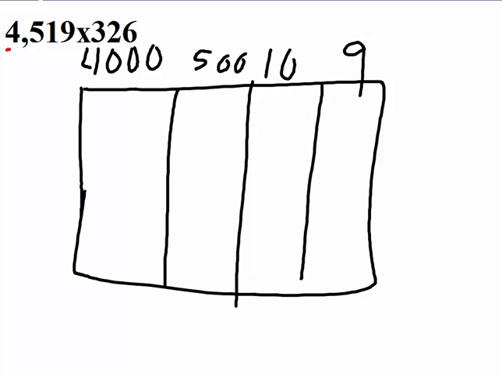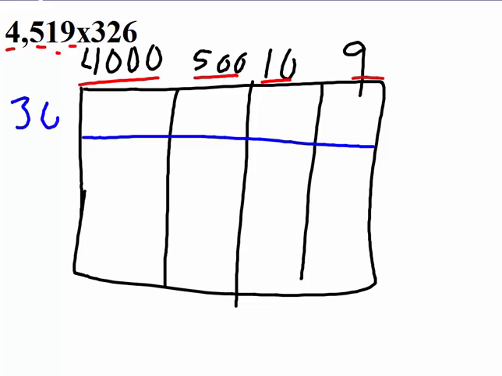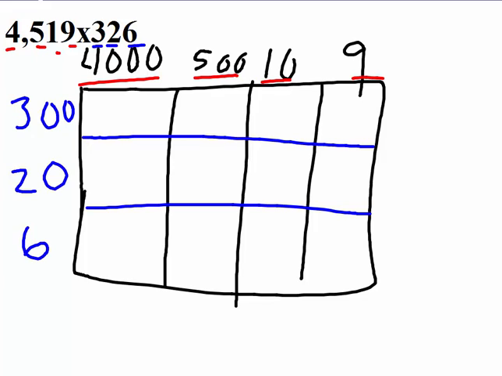Notice how each place value corresponds. So I'm just writing in that expanded form. And then my different part is I'm going to break up this by its place value as well. So 320 and 6.